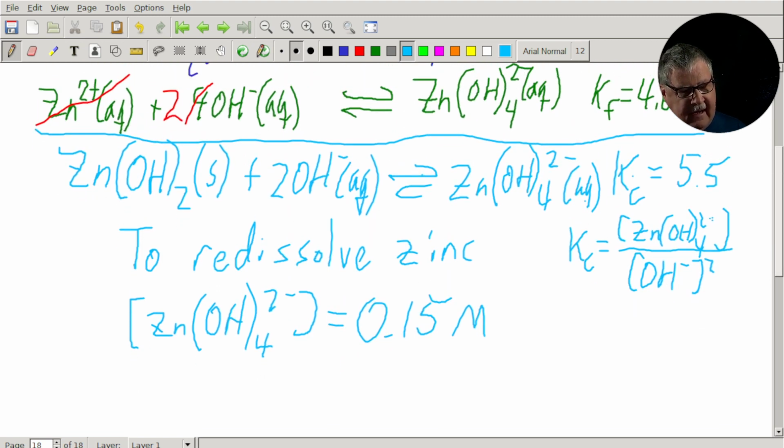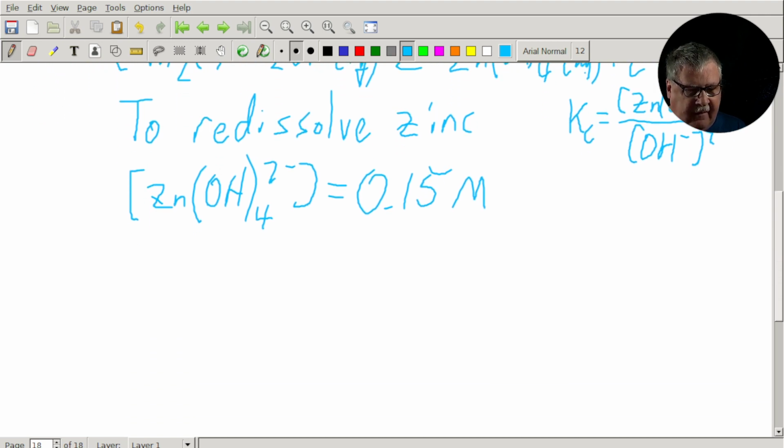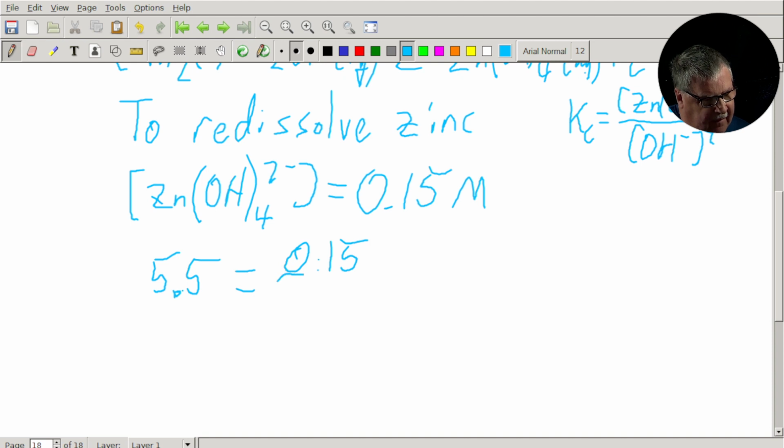So we know the value of the Kc, and we know the equilibrium concentration of the complex. Just like in the previous example, that leaves us to solve for the concentration of hydroxide ion. The constant value is 5.5, as we determined, and that's equal to 0.15 divided by the concentration of OH minus squared.